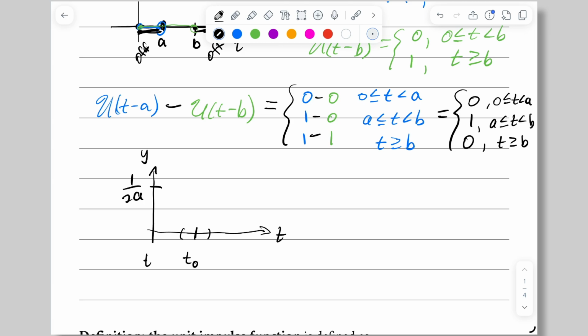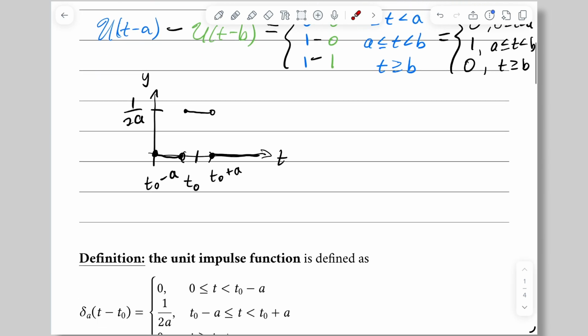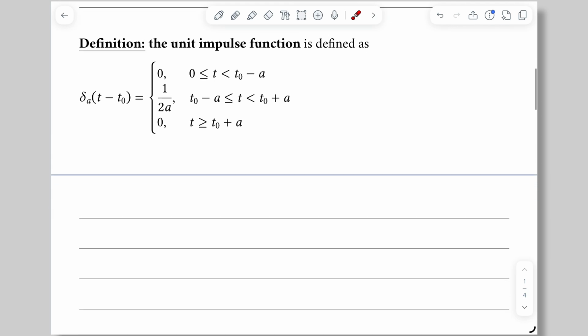So the left endpoint is t sub 0 minus a, the right endpoint is t sub 0 plus a. Our function value is 0 until we hit t sub 0 minus a, and then it's 1 over 2a until we hit t sub 0 plus a, where it drops back down to the t-axis. That behavior describes the unit impulse function.